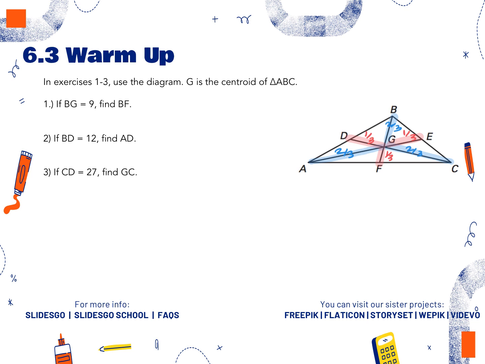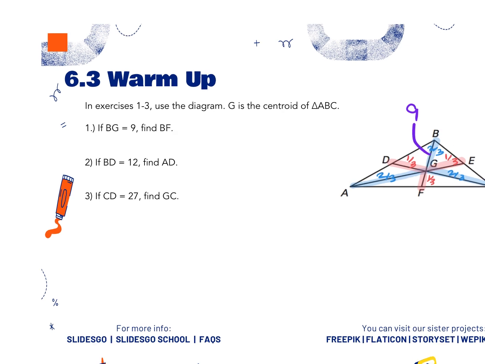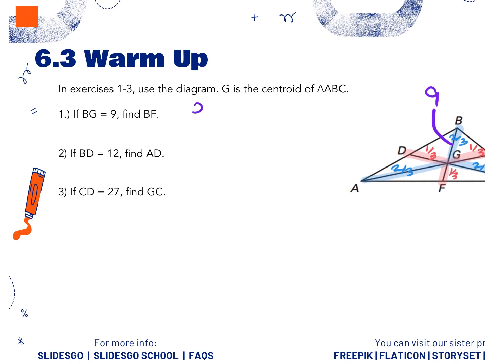So for the first question, we're looking at the segment BG. They're telling me BG here has a length of 9, and they want me to find the length of the entire median, BF. So I know that 2/3 of BF is going to equal BG.